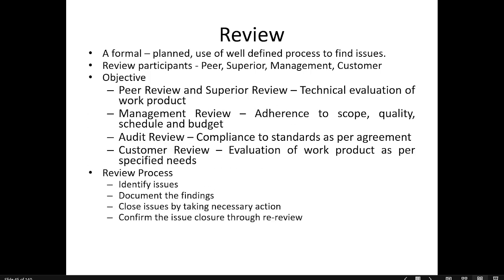Now, in a nutshell, we'll revisit this review process: identify issues, document the findings, close issues by taking necessary actions, and confirm the issue closure through re-review. This is a new thing guys which is getting introduced, which we call re-review. Now, it's a very simple thing.